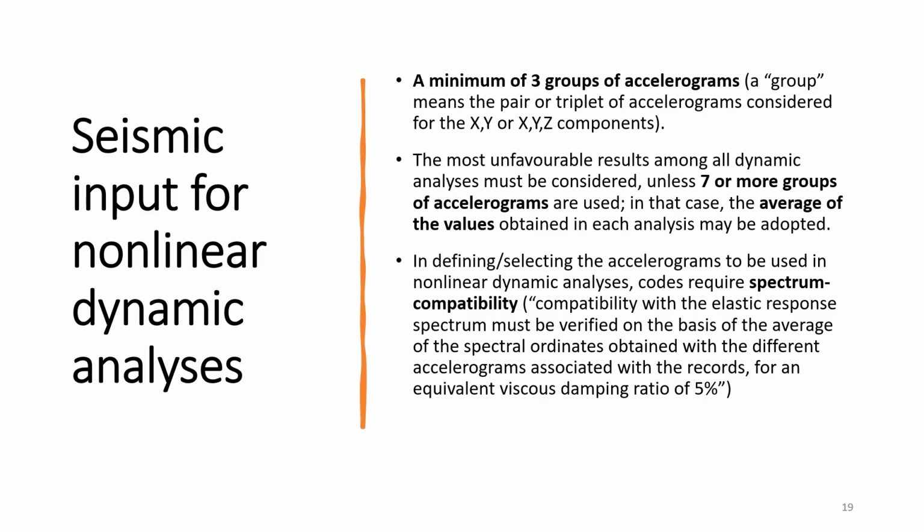It is also considered that if you use a minimum of 7 groups of accelerograms, you can consider the average of the values, for instance, the displacement demand obtained in the analysis, as an estimate of the demand to be compared with the capacity.